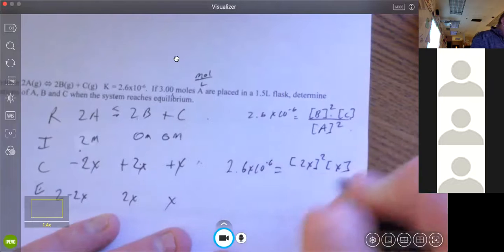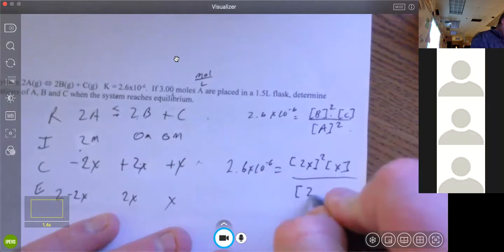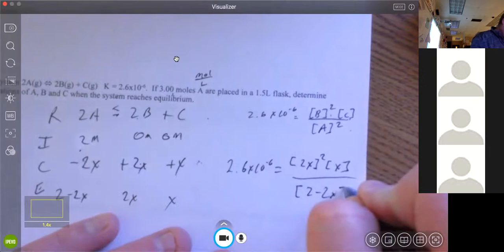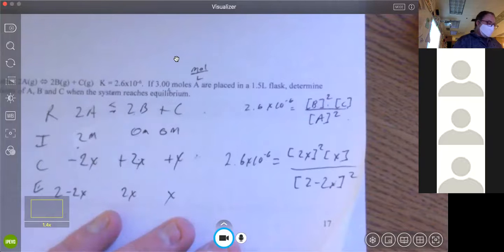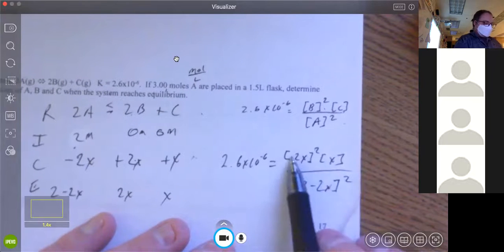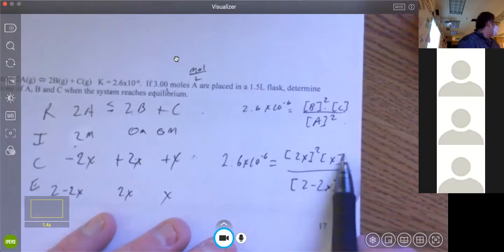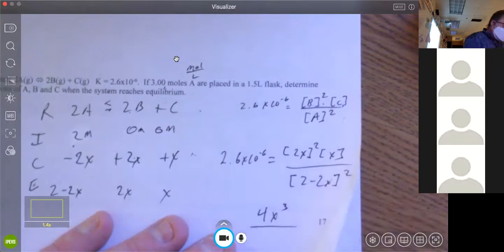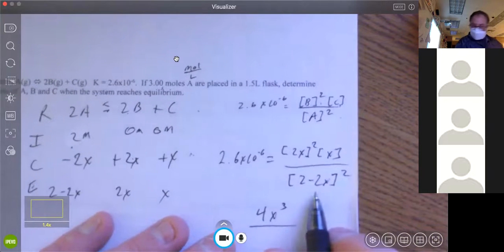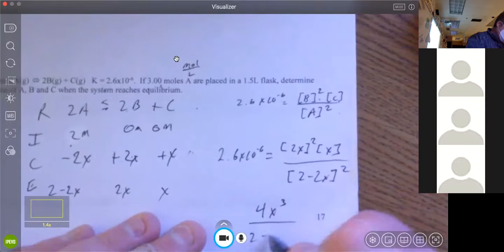C, which is x, and then a, which is 2 minus 2x squared. The top, 2 squared is 4x squared times x is 4x cubed. And then the bottom is 2 minus 2x, and then the quantity squared.